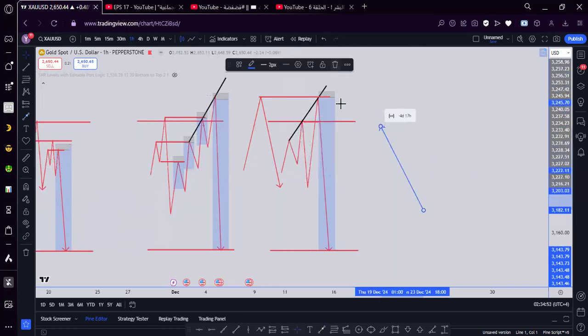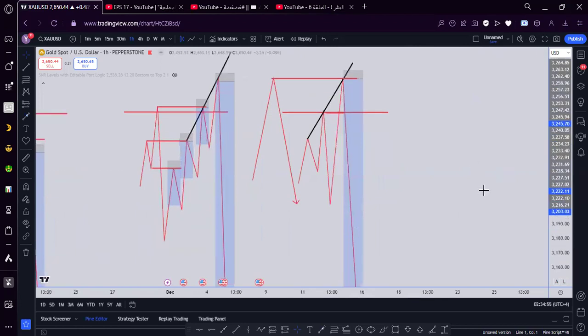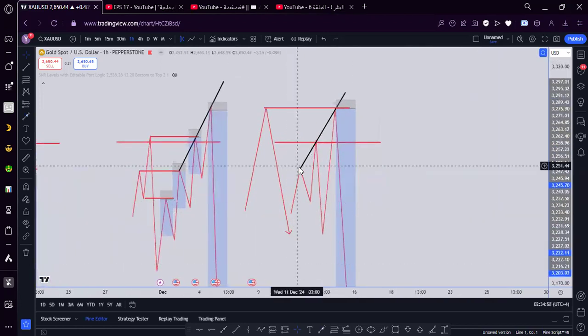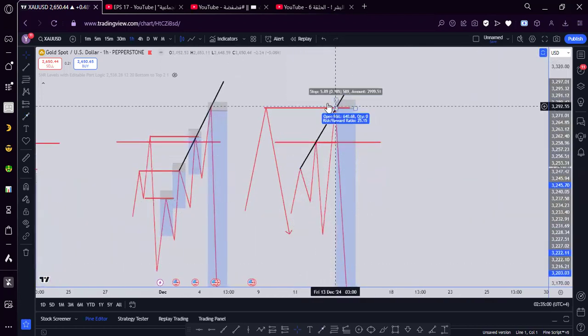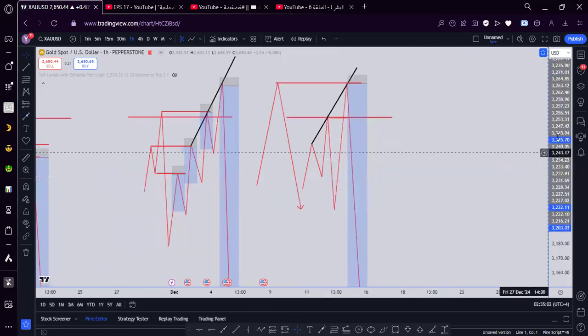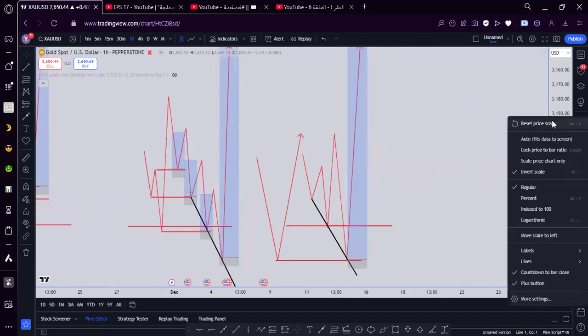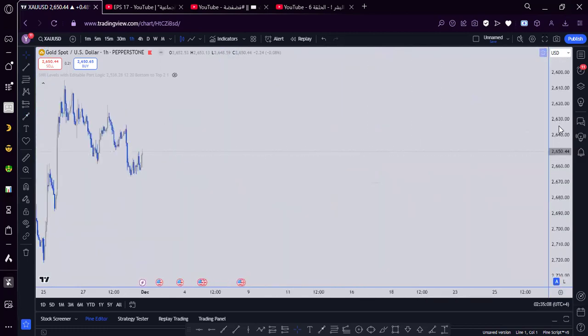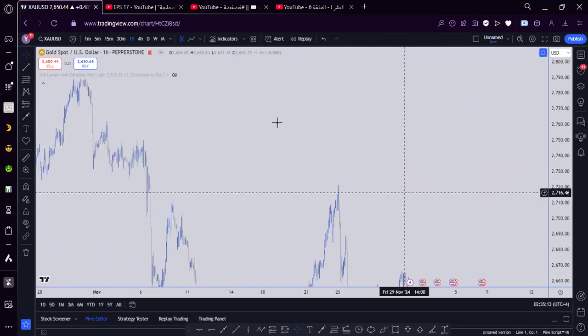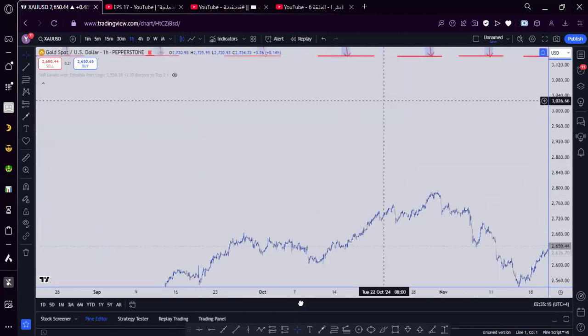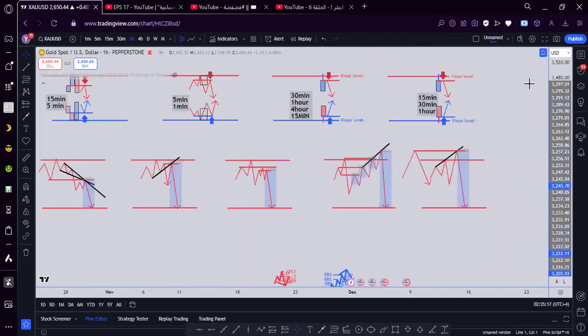How can you deal with this case? Simply, you draw your bearish reversal trend line for the sell trade, or your bullish reversal trend line for the buy trades. When I talk about the sell trades, it's the same with the bullish or buy trades.